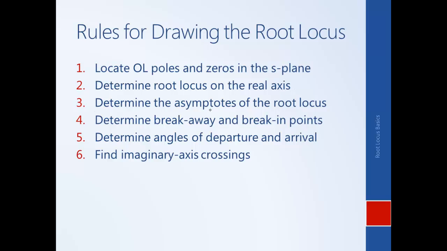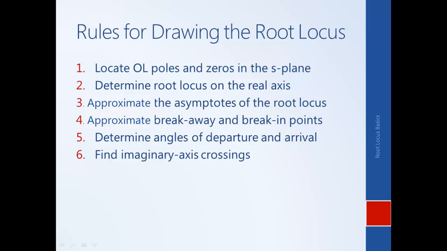We then determine the asymptotes of the root locus, that is, those zeros at infinity. In our case, we won't find the exact asymptotes. Rather, we're just going to approximate the asymptotes. We'll then find breakaway and break-in points, which again we won't find exactly, but we will just approximate.